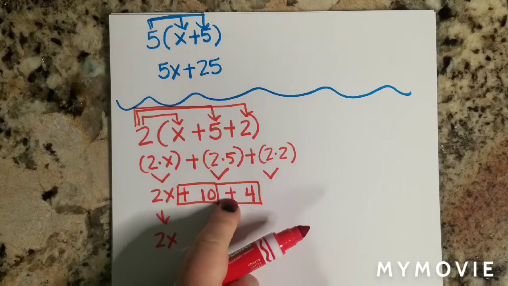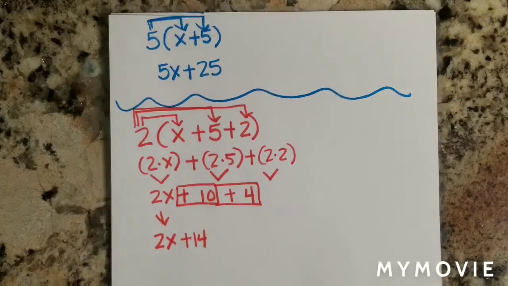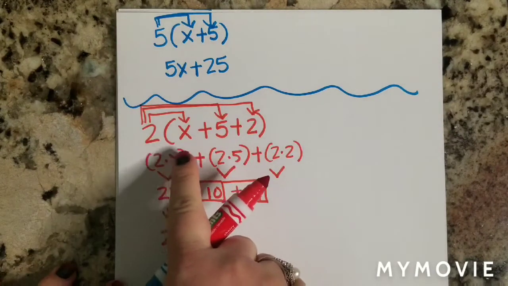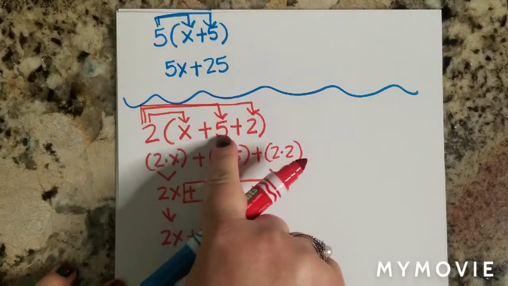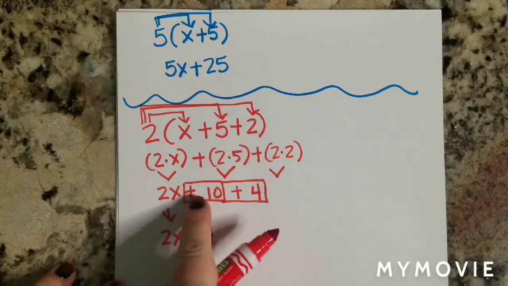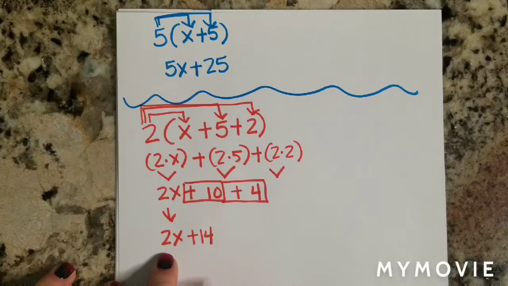Positive 10 plus positive 4 is positive 14. So I have simplified this 2 times the group of x plus 5 plus 2. I simplified that to 2x plus 10 plus 4, and then I simplified it even further to 2x plus 14.